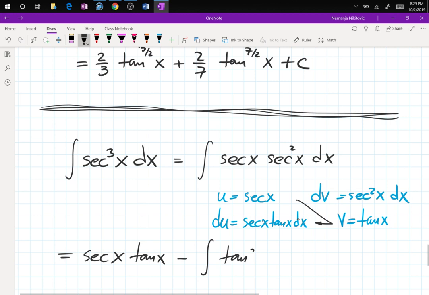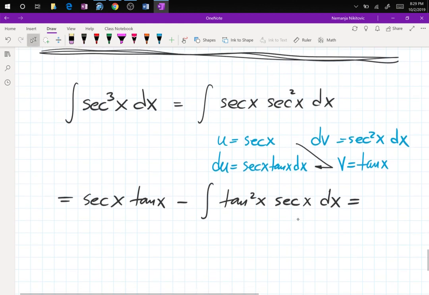Now you put that always helpful arrow, and you have secant x tangent x minus the integral of tangent squared x secant x dx. Yes, the Hydra. The Hydra, wow. Secant x, tangent x, minus, and now we are converting this tangent squared into secant squared x minus 1.